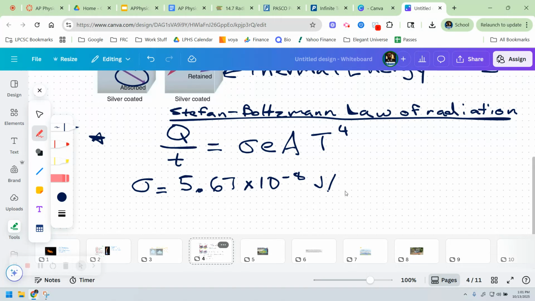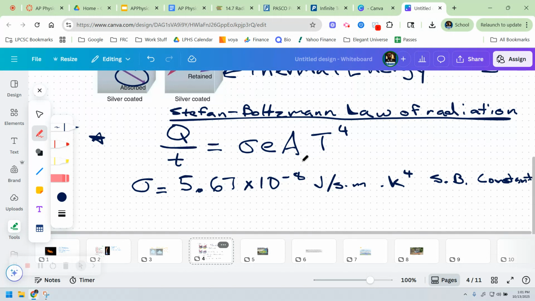It's joules per second, meters squared per Kelvin to the fourth, right? And this is the Stefan Boltzmann constant, not to be confused with Boltzmann's constant. So that's a number that we use every time.